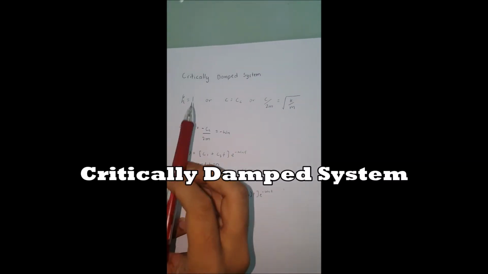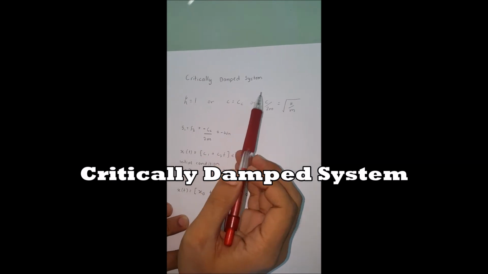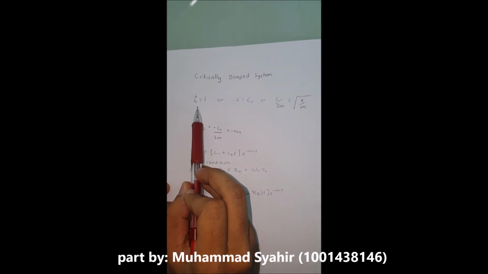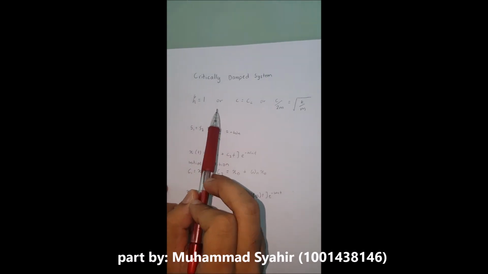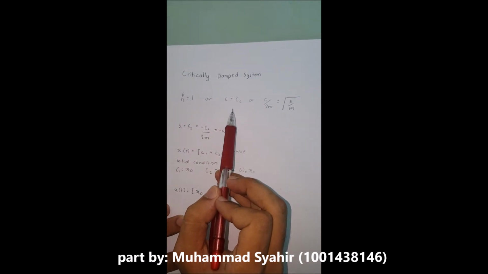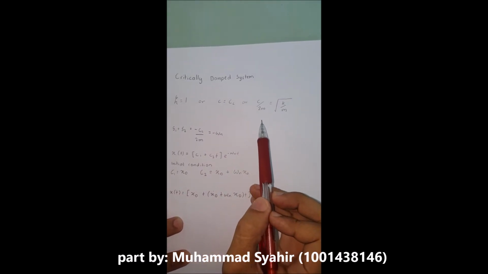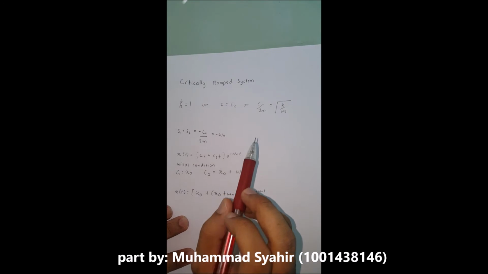The next case is the critically damped system. This system occurs under the condition where the damping ratio equals 1, or the damping constant equals the critical damping, or C over 2m equals the square root of k over m.